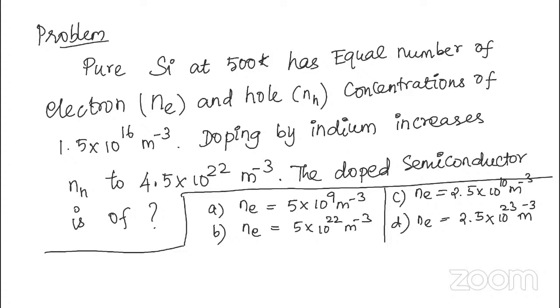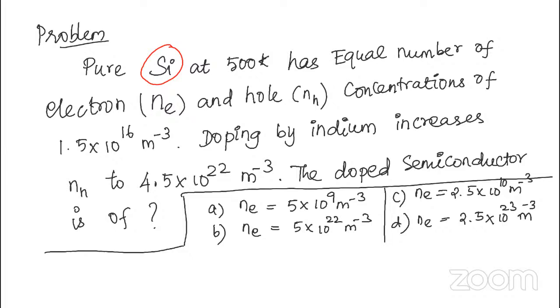The P-type semiconductor is obtained when silicon is doped with germanium or aluminum, boron, indium.